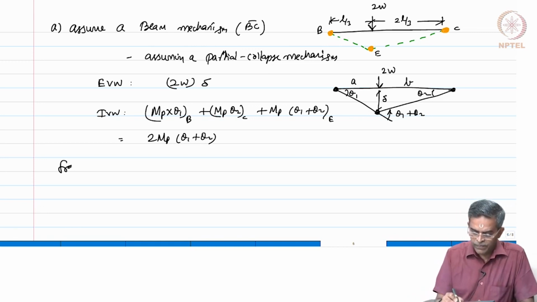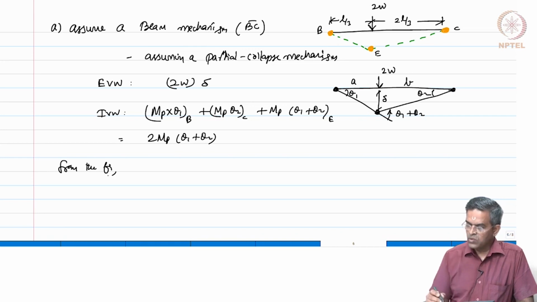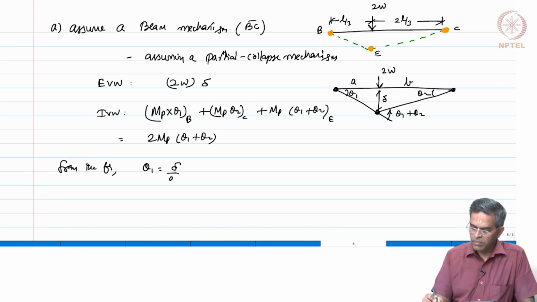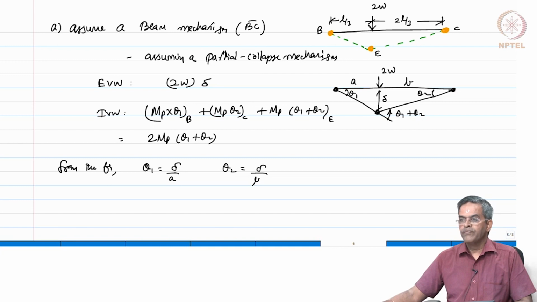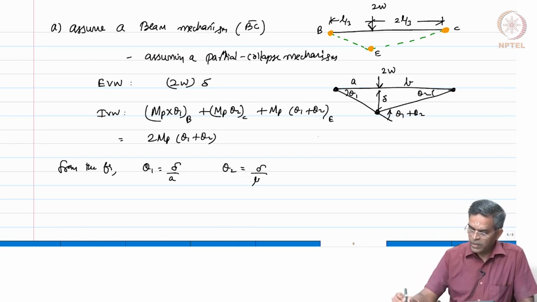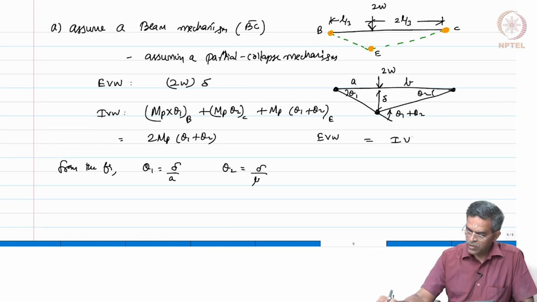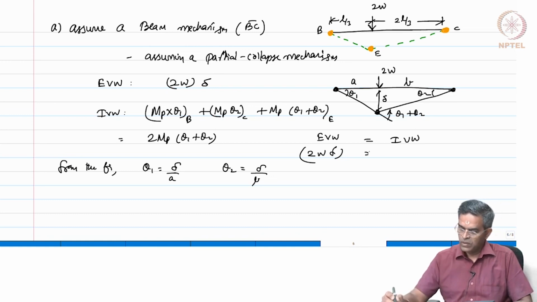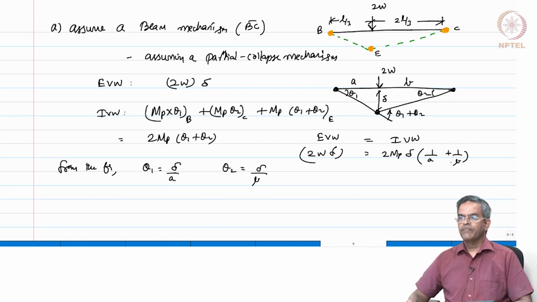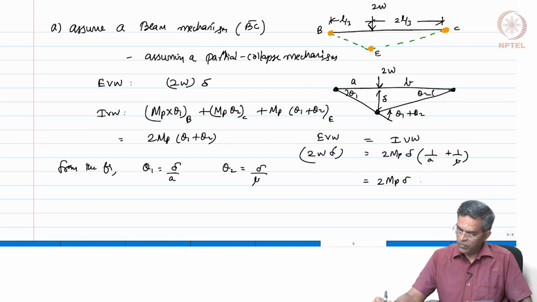So, from the figure we also know theta 1 is delta by A and theta 2 is delta by B. So, let us equate external virtual work to internal virtual work, which is 2W delta should be equal to 2 Mp times delta of 1 by A plus 1 by B, which will be 2 Mp delta of (A plus B) by AB.